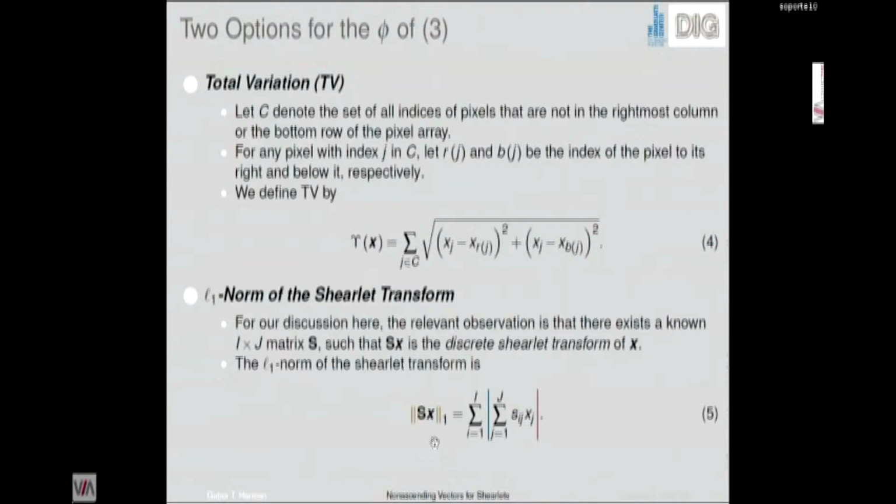At any place, its value is the sum over j of S sub ij times xj, and I take the absolute value of it, because this could be positive, negative, or zero. I take the absolute value of it, and I sum it over all the measurements. So this is the L1 norm of the Shearlet transform.